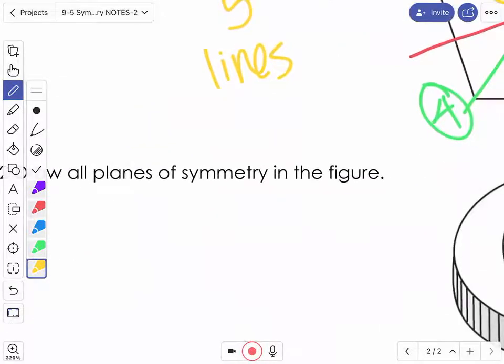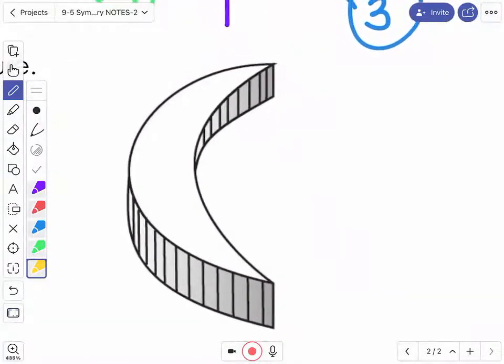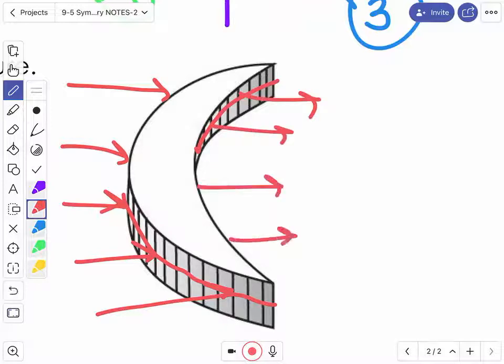All right, let's look at our plane symmetry here for a second. So we have this moon shape. And so we have to think with a plane symmetry, can you slice through it and still keep the same shape? So with this moon figure that we have, I can in fact slice through it horizontally and still get the same figure from the top and from the bottom.